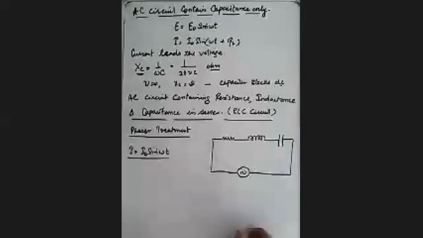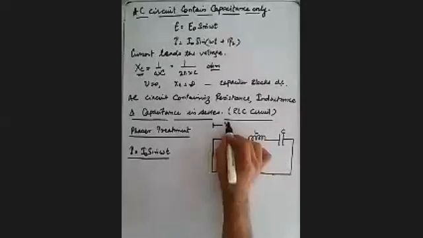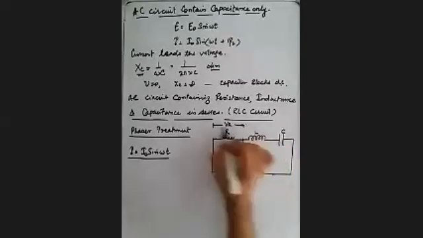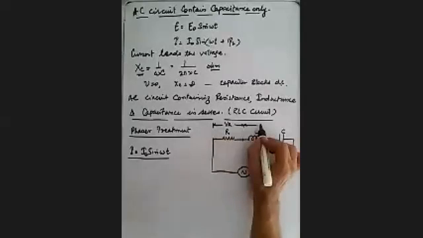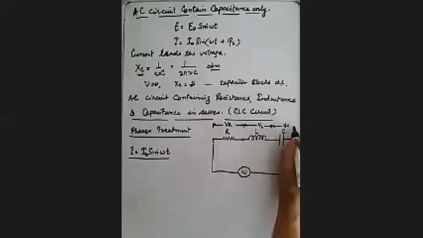Now the voltage across each element will have some phase relation with the current. We already know the phase relation between current and voltage. In case of resistance, the voltage drop across R, let us call this VR, across L, that is the inductor, VL, and across the capacitor, VC.